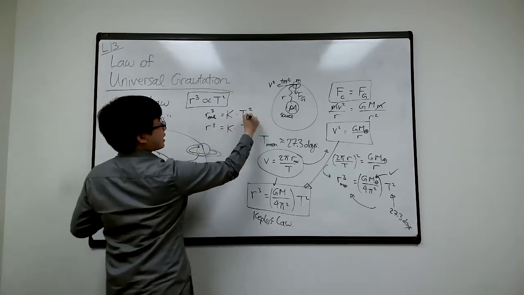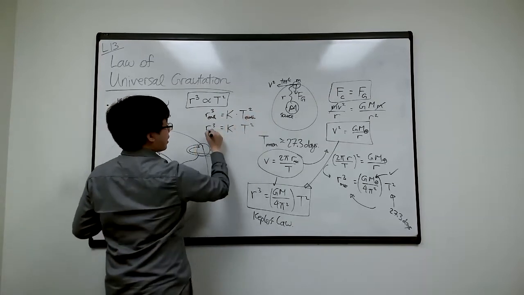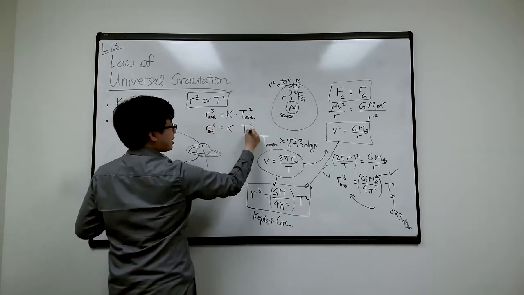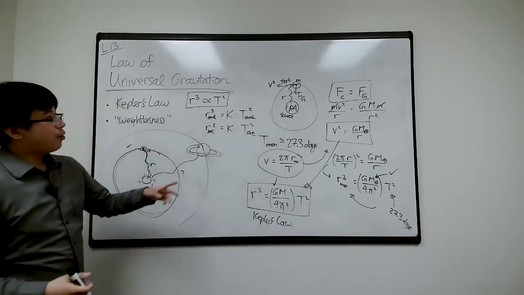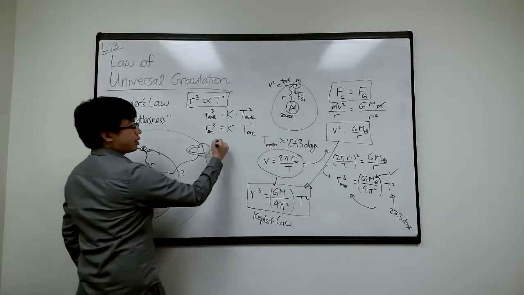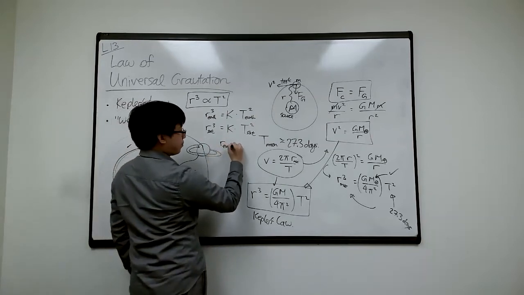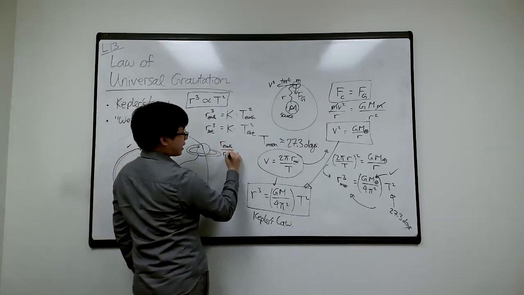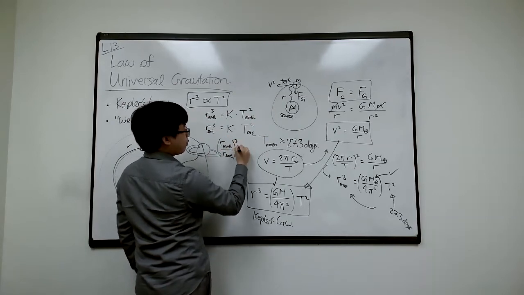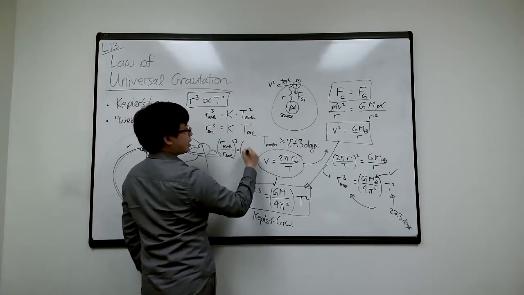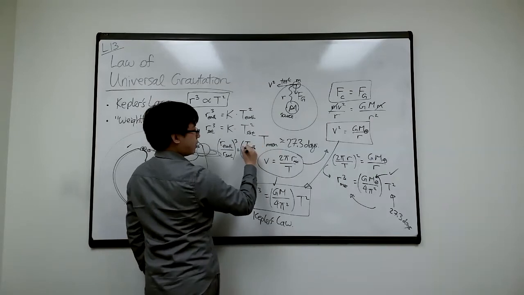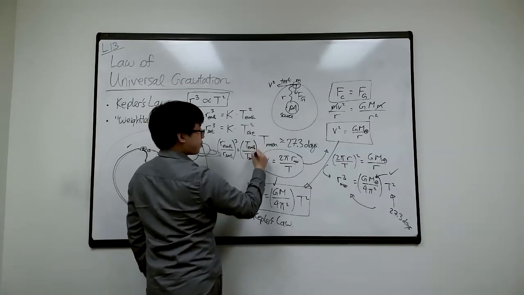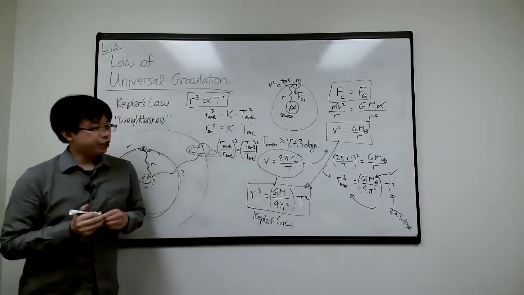If I put Earth there, I need to put Earth here. If I put Saturn here, I need to put Saturn here. Now, if you divide them, you will get r Earth over r Saturn cubed. The k's will cancel out, and you'll have T Earth over T Saturn squared. Okay, what do you know?